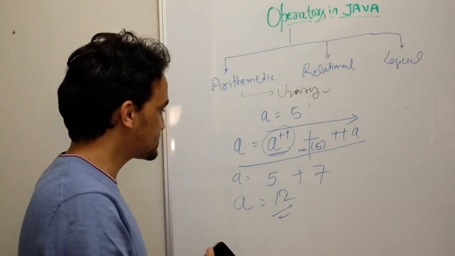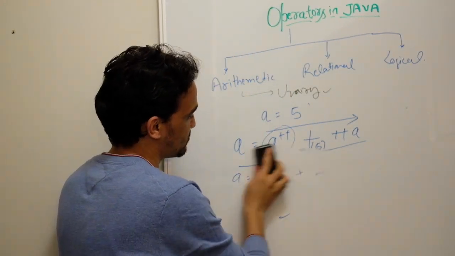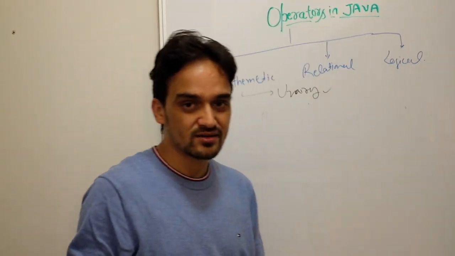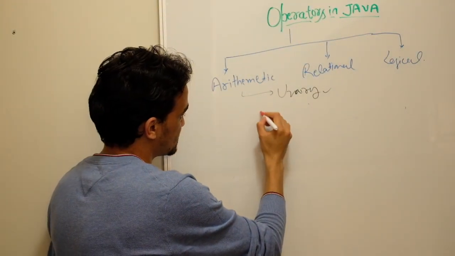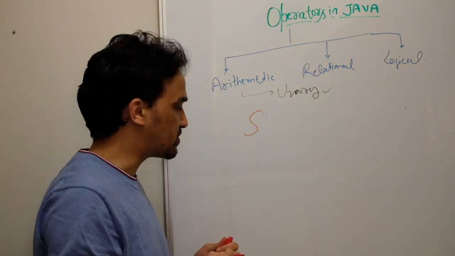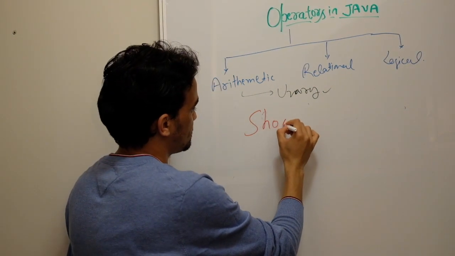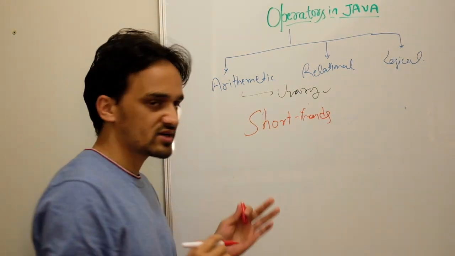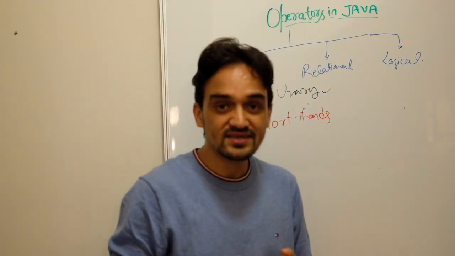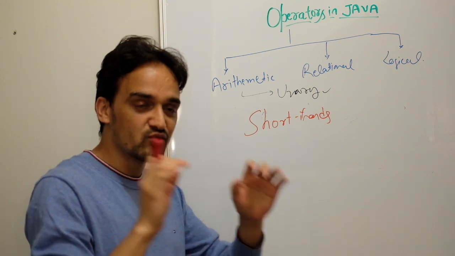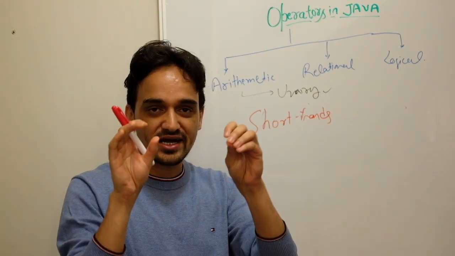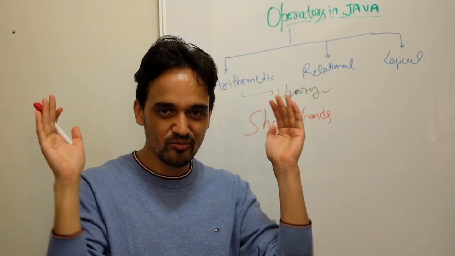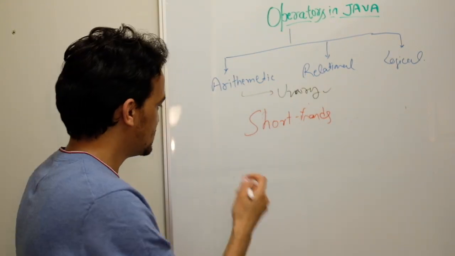Since we are discussing prefix and postfix here, there is a very common term called shorthands in terms of the unary operators. Let's talk about what shorthands are. Shorthands are a way to write an expression with minimum letters, like compacting an expression.